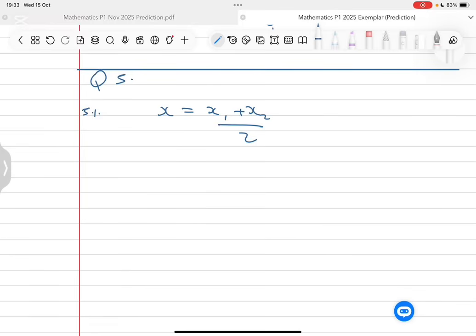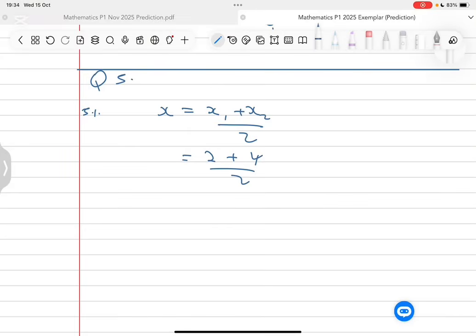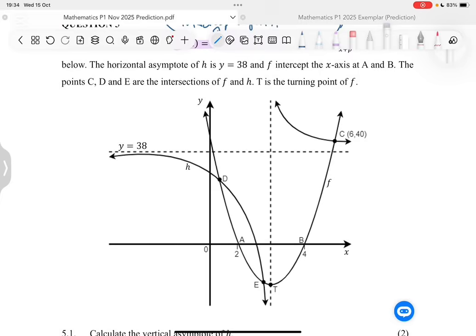And at this stage, it becomes a substitution problem where we put a 2 and a 4, and we divide by 2. Remember, my intercepts are both a 2 and a 4. And this will simplify down to a 3. So here we're going to have x equals 3, because I'm dividing a 6 by a 2.